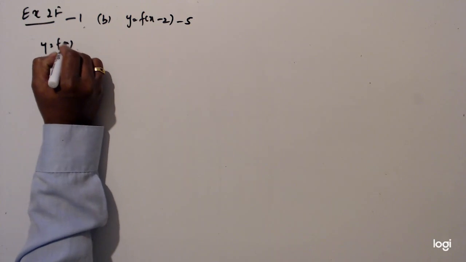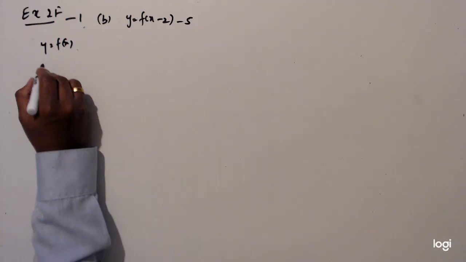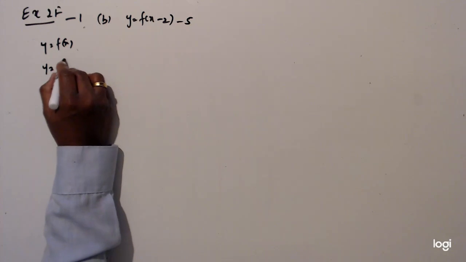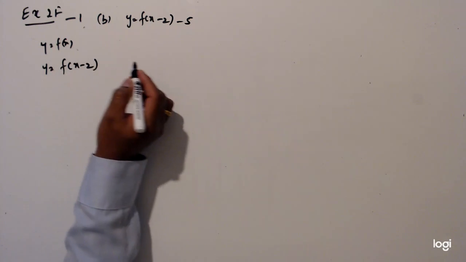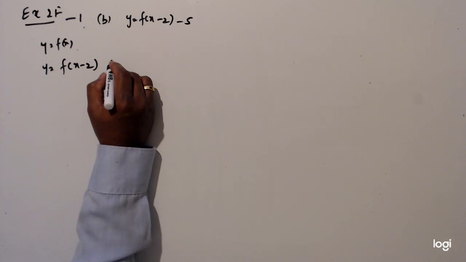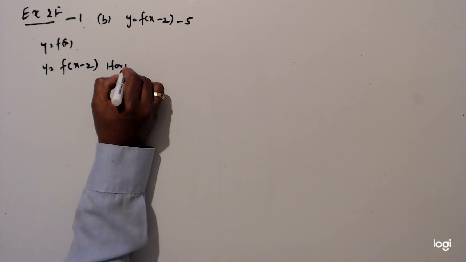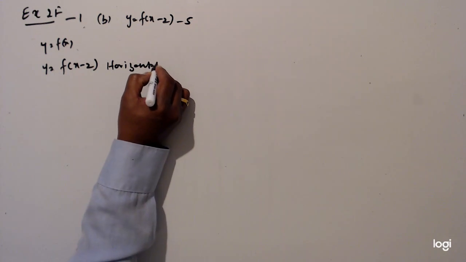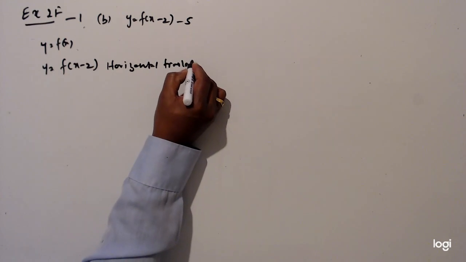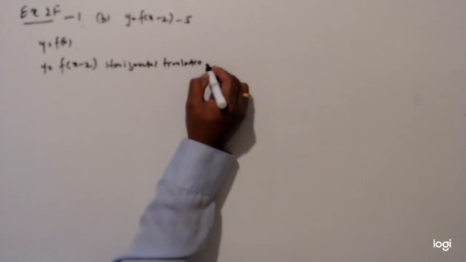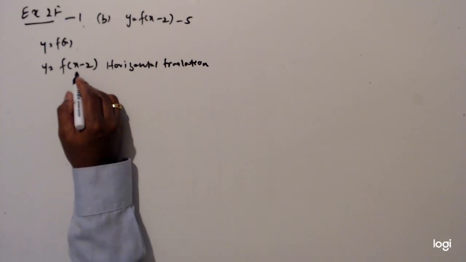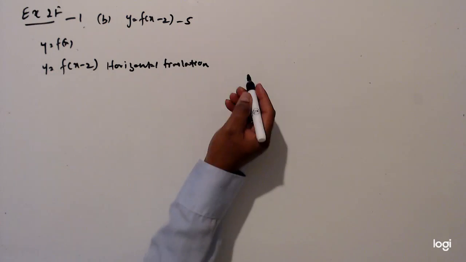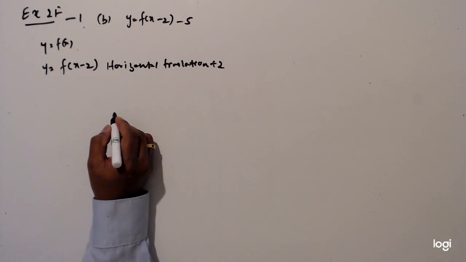y equal f(x) is the graph, part B. So y equal f(x minus 2). So this is a horizontal translation, we want to shift 2 units to the right, so it is plus 2.